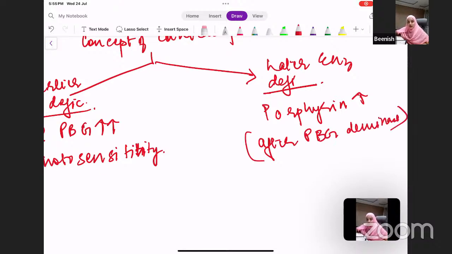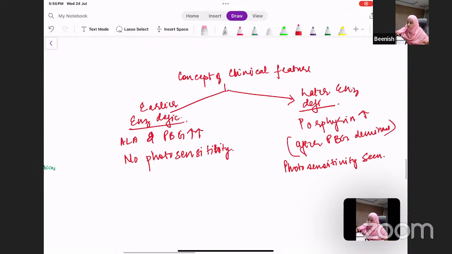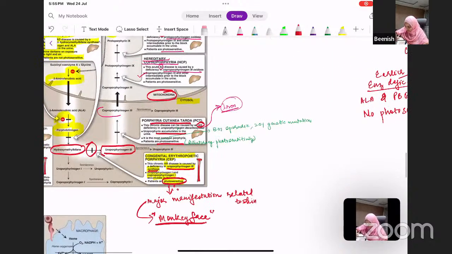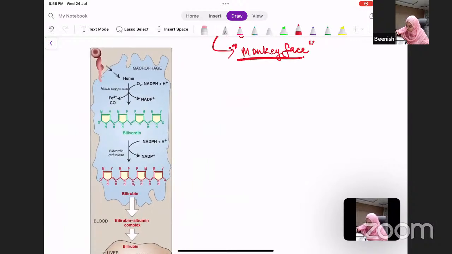If the deficiency is after PBG deaminase, in the other later enzymes, then your porphyrin is going to accumulate, and photosensitivity is seen. Okay, so with this, we come to the end of porphyrias.